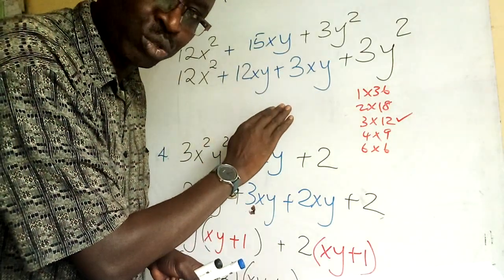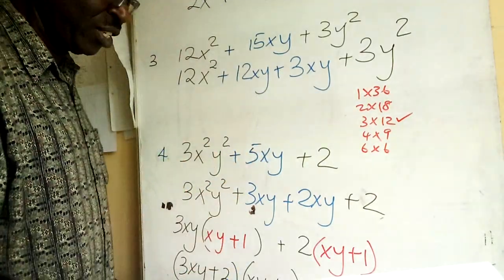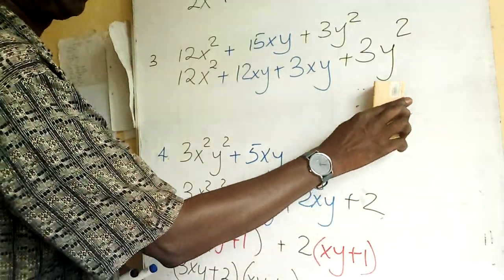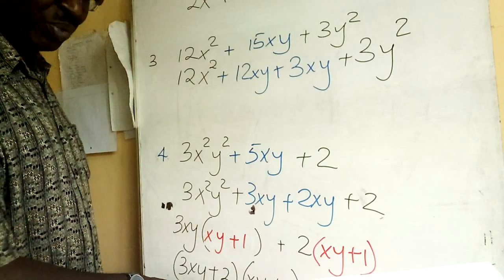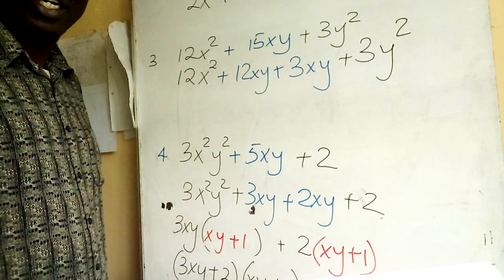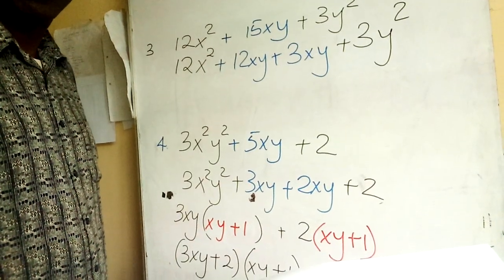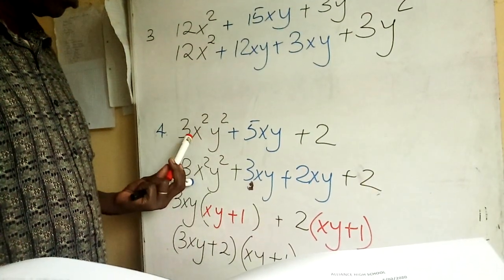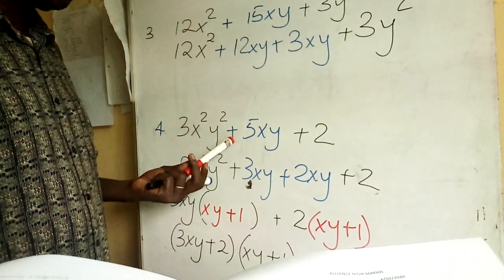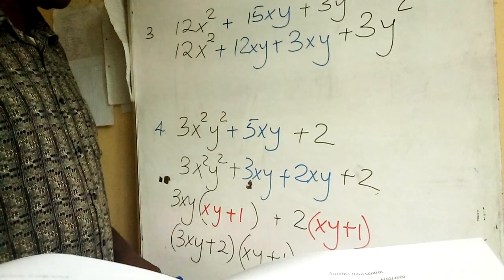You will complete also this, but I've done the last one up to the end here. Can we check now? Yes. You can check it now. 3x squared y squared plus 5xy plus 2.